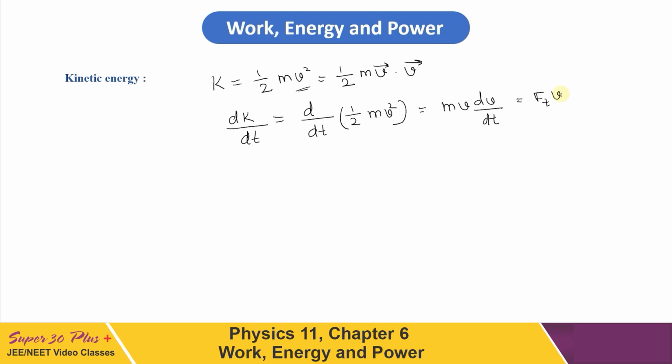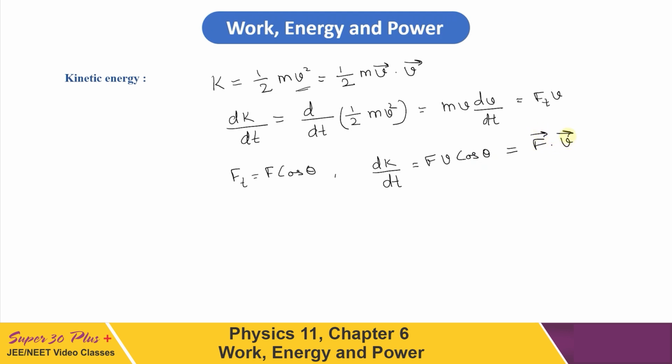But if the force makes angle theta with velocity, then Ft will be equal to F cos theta, and we can write dK by dt as Fv cos theta. Now this F is the whole force acting on the body which is making angle theta with its velocity, or it can be written vectorially as F dot v.